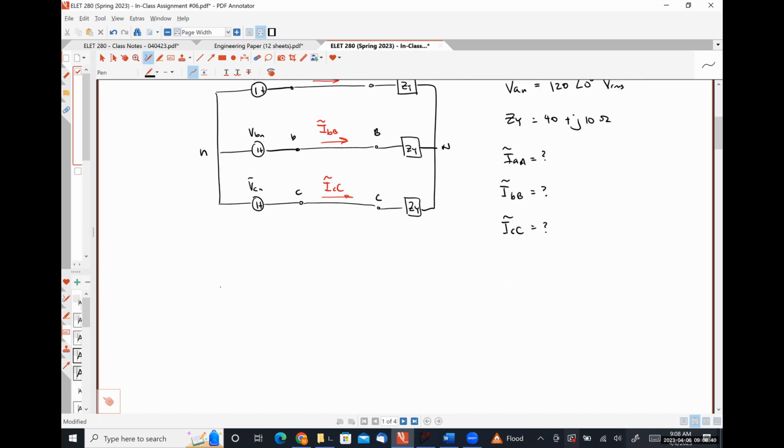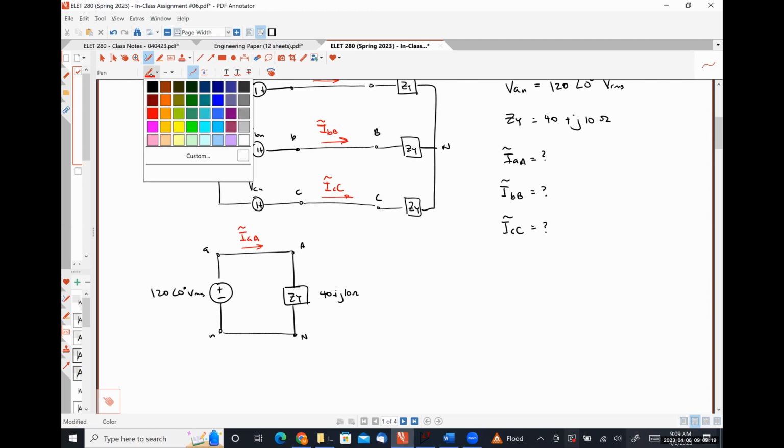Our A phase equivalent circuit is going to be 120 angle 0 degrees volts RMS for our source, and our impedance ZY has a value of 40 plus j10 ohms. And we want to solve for our line current IAA.